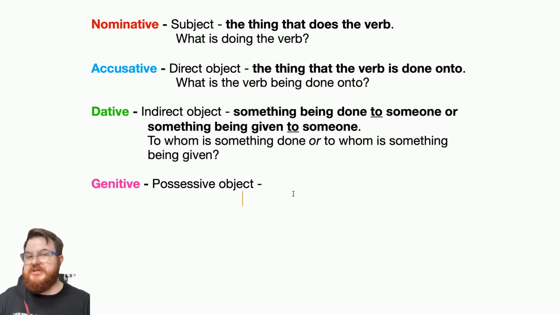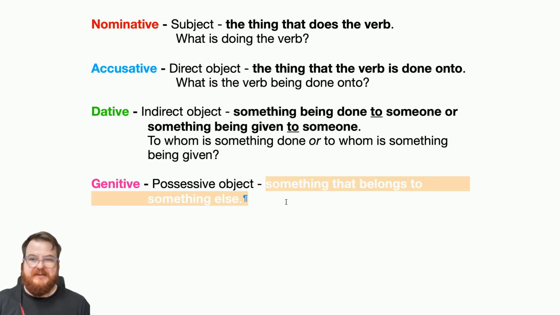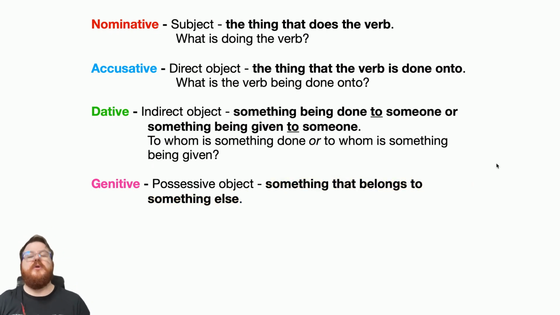There's a relationship between two things, right? It shows ownership. Something that belongs to something else, or something that has ownership of something else.